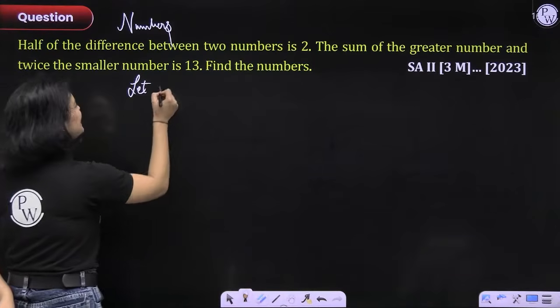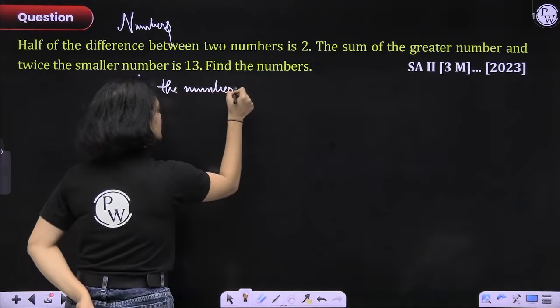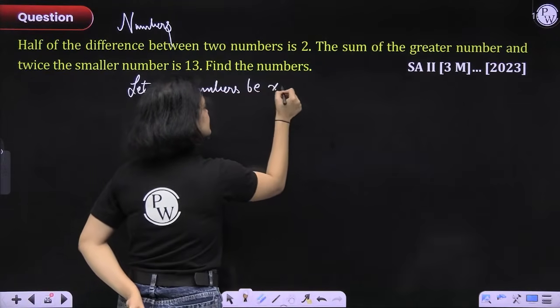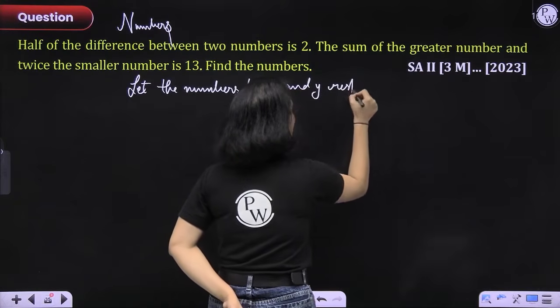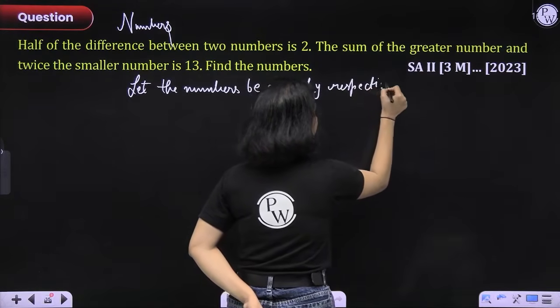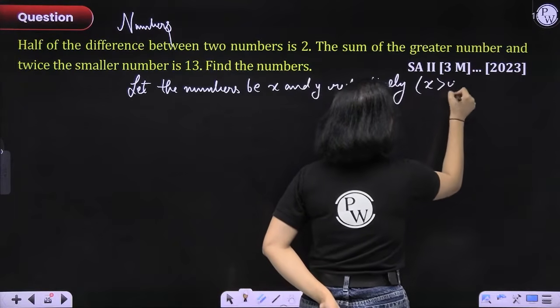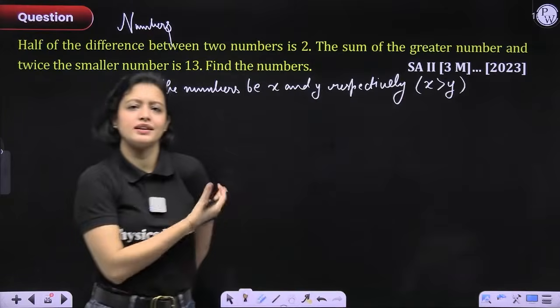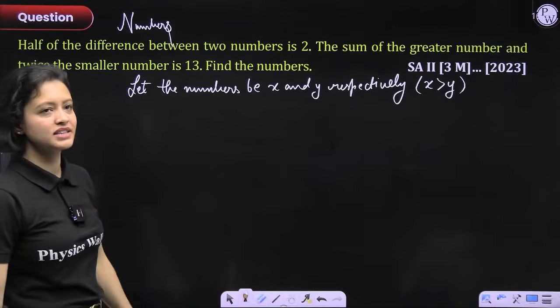So let the numbers be x and y respectively, and now we'll simply state that x is greater than y. Bas khatam, x is the greater number.